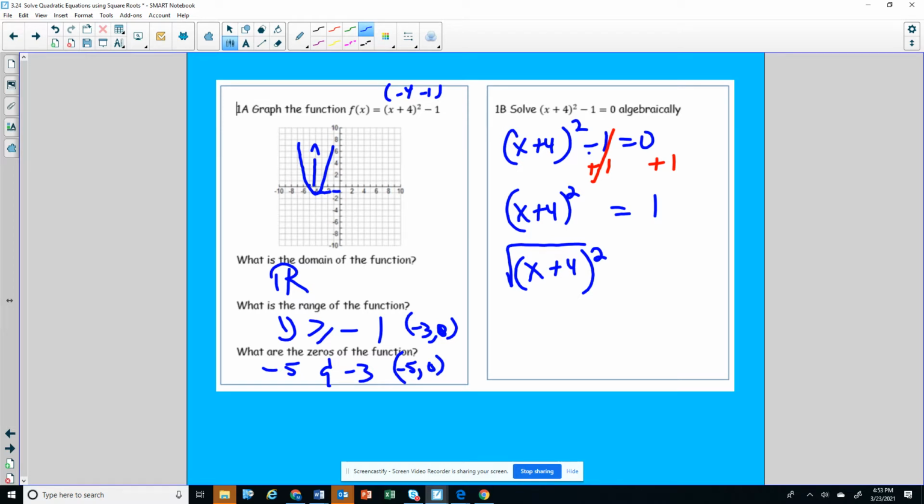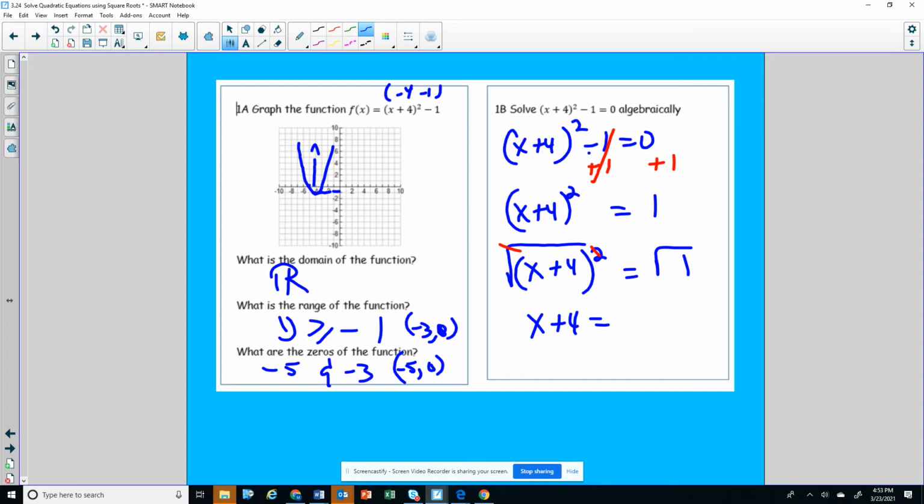What I do to one side of the equation, I must also do to the other side. The square root is going to cancel this 2, and I'm left with x plus 4 is equal to the square root of 1. Now, the square root of 1 is 1, but also negative 1.